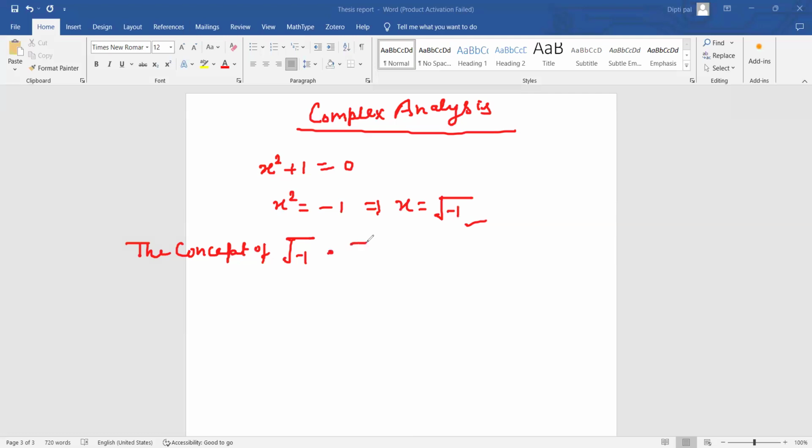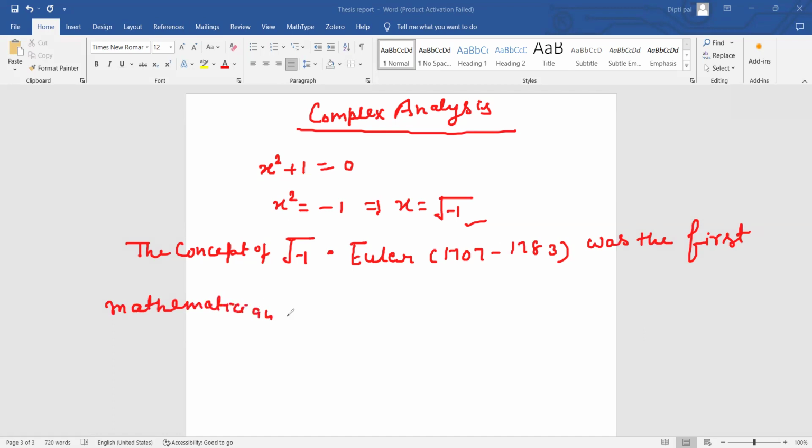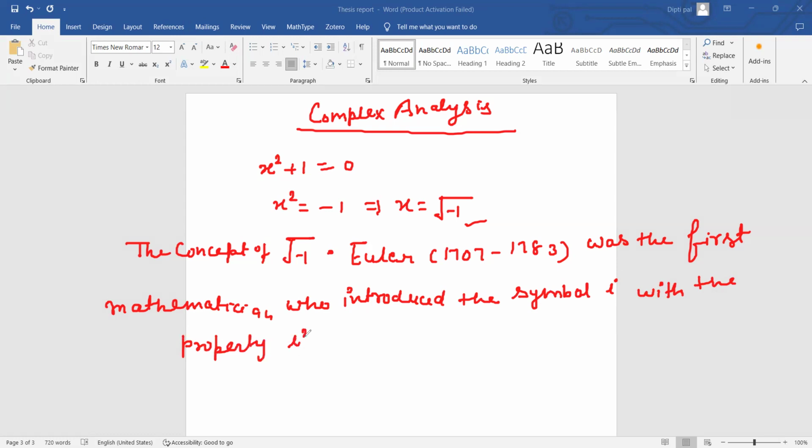So for this, there is a mathematician whose name is Euler, in 1783, who was the first mathematician who introduced the symbol iota with the property i square equals minus 1.